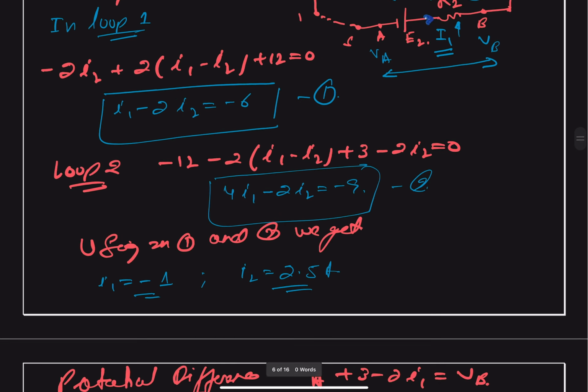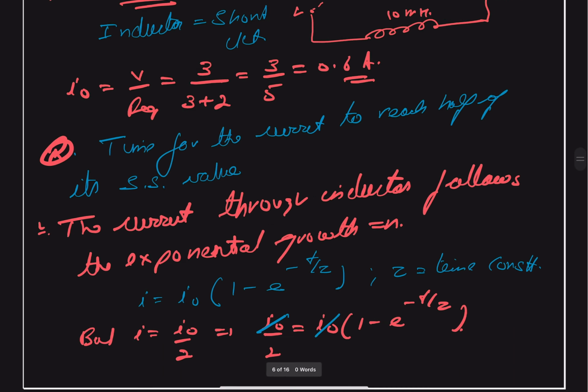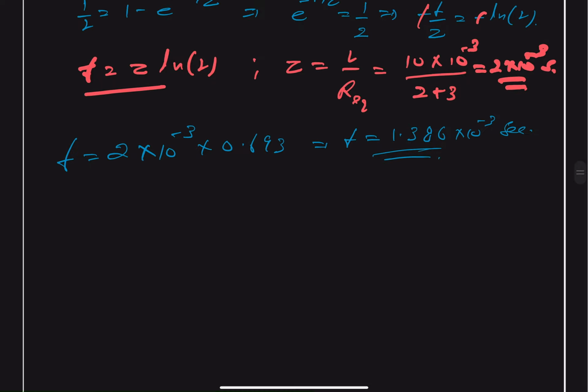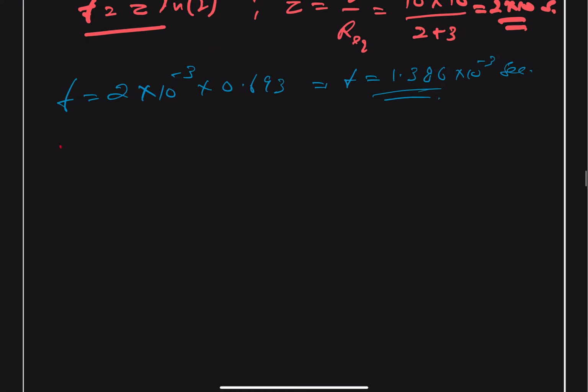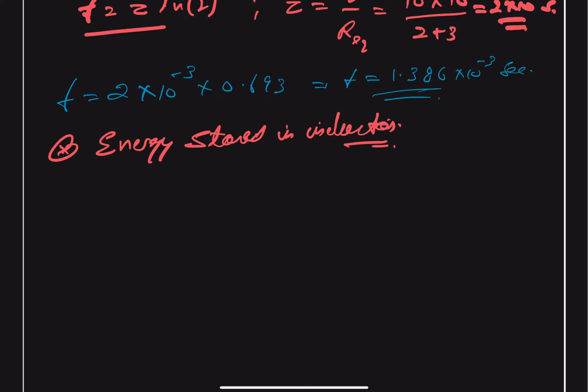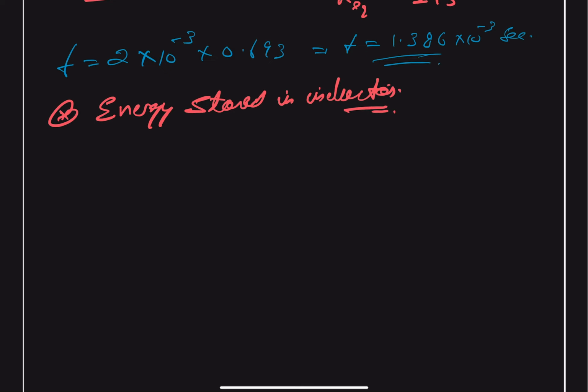So we find out the energy stored in the inductor, and we already know this formula, which is U is equal to half L i square.